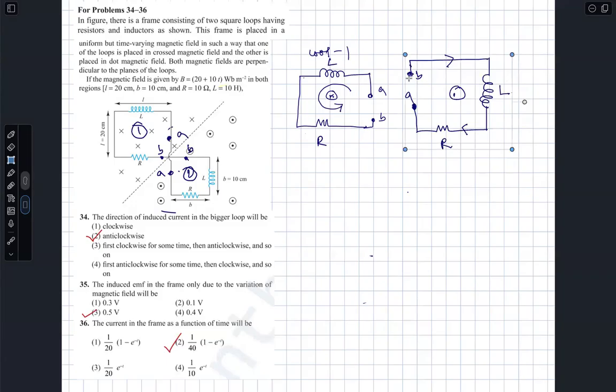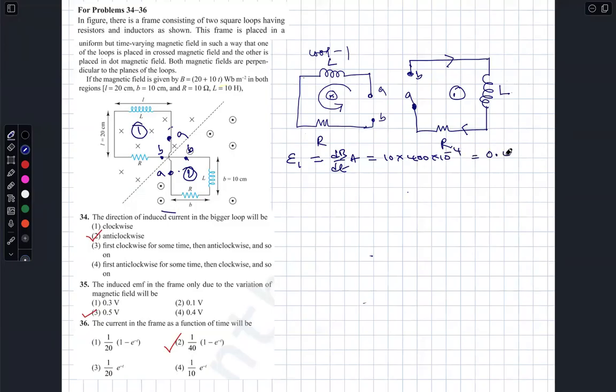This point acts as this point and this point acts as this point. So direction is the same. So therefore, you can simply say add EMFs. So in this, E1 is dB by dt times area. This is 10 times area, 400 into 10 power minus 4.